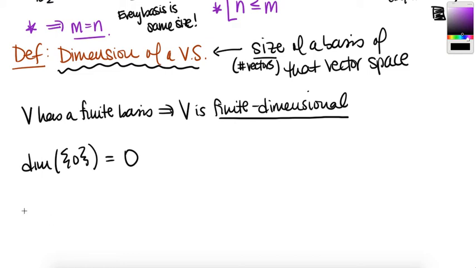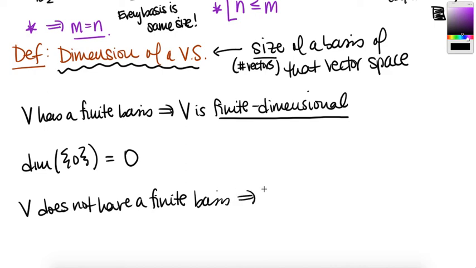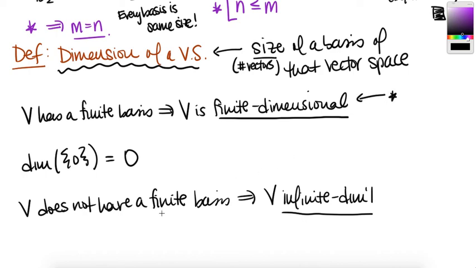And if V does not have a finite basis, then we call V infinite dimensional. For us, we are pretty much exclusively going to be operating here in the finite dimensional world.